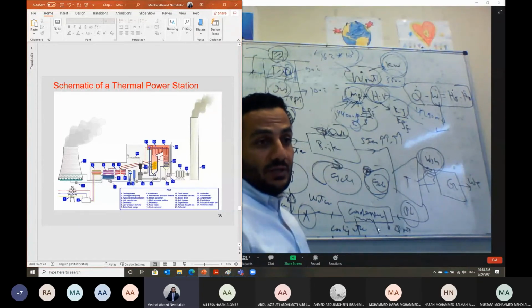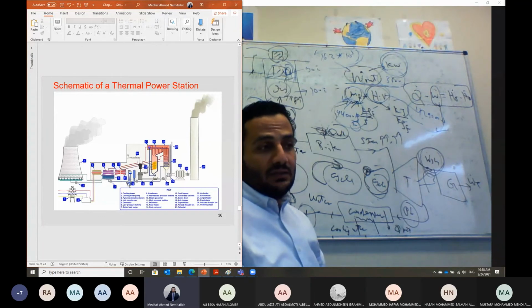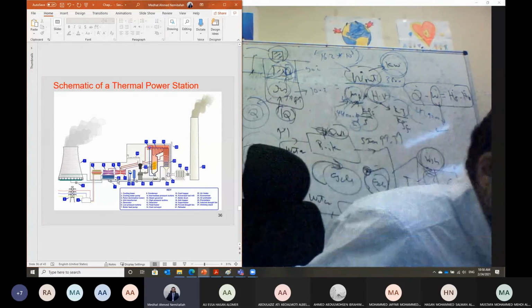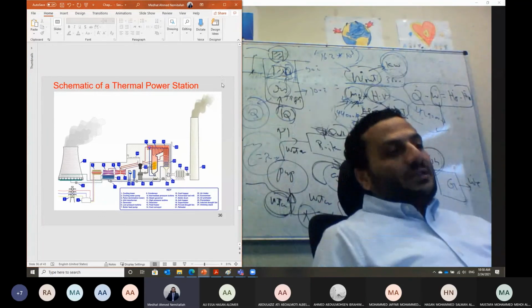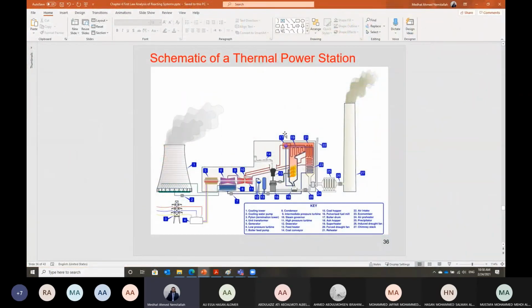This cooling water will be heated by the heat of the steam. We can take this cooling water and cool it down inside the cooling tower, and then we can get it back. And there is a pump to circulate it. This is the steam power plant for electric power generation.